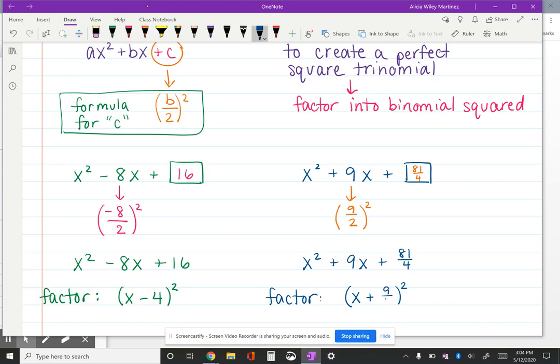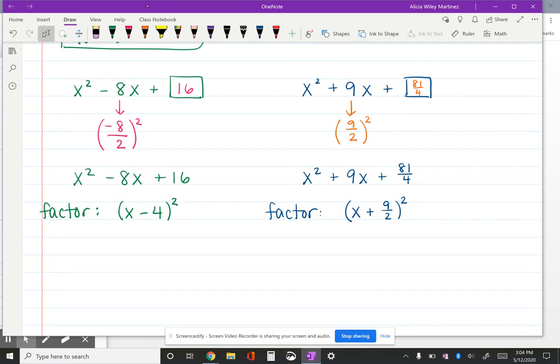Well, that would be 9 over 2. If you notice, another pattern that we can see here is that this value right here in the parenthesis, that's the value of b over 2. So this is just another pattern to recognize, okay?